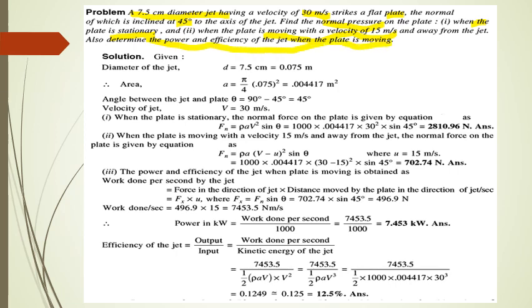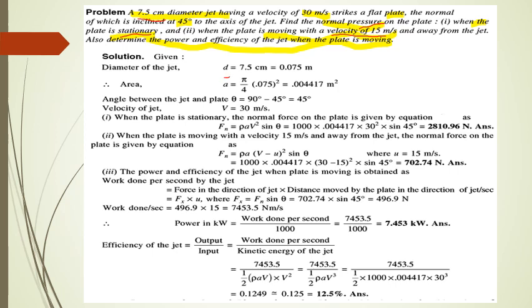First of all, we have to calculate the normal pressure. There are two conditions given in the question. What is the first one? When the plate is stationary, and the second one when the plate is moving with a velocity of 15 meters per second. In the question, diameter D equal to 7.5 centimeters.